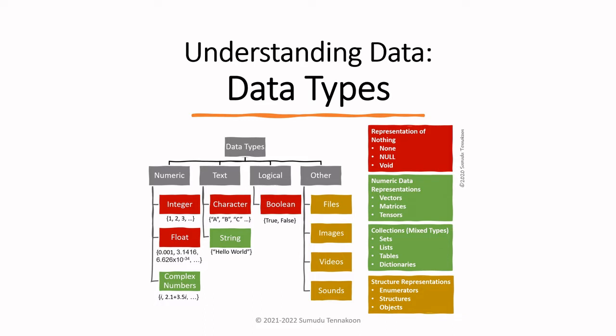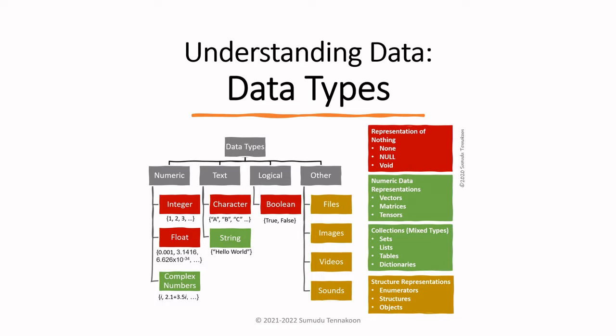Okay, so for other data representations, numeric data can be represented as vectors, matrices, and tensors. We discussed these things in detail with the mathematics concepts. Vectors, matrices, and tensors can also fall under a data type depending on the programming language you use. And the collections could be sets, lists, tables, dictionaries.